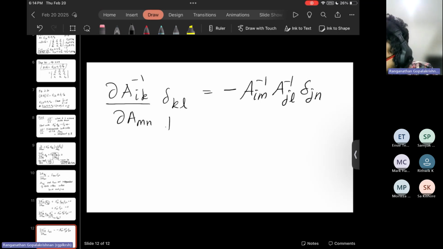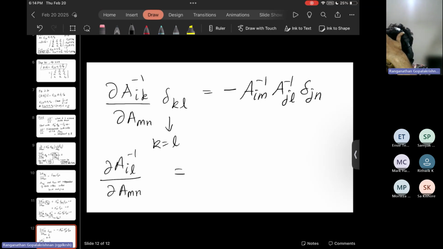So here on this side, I have to set K equal to L. So I'll write partial derivative of A_IL inverse over A_MN equal to, I have to set J equal to N. I don't want J, I want N. So this is minus A_IM inverse A_NL inverse.